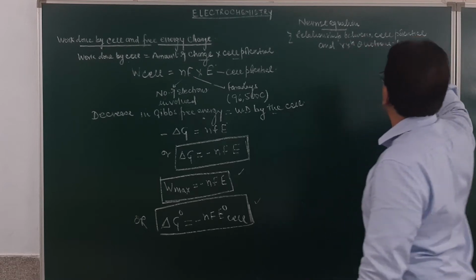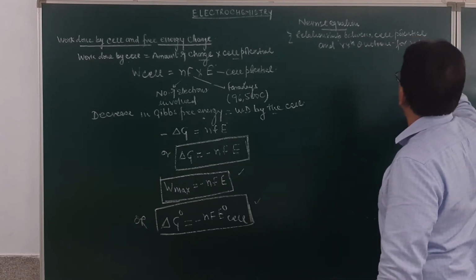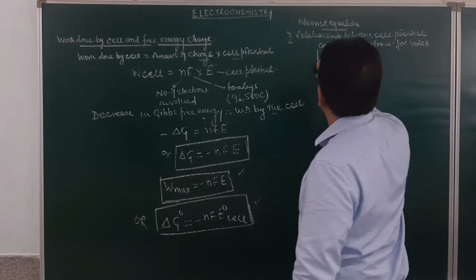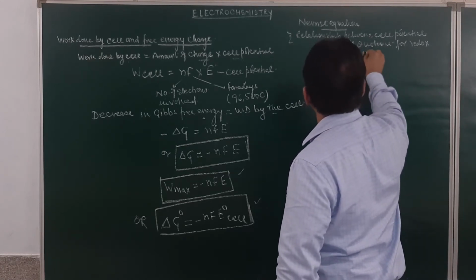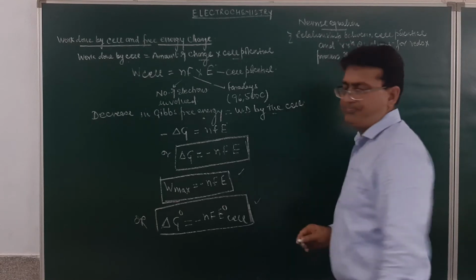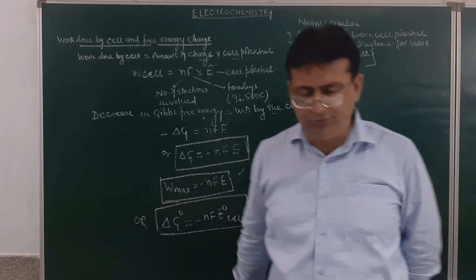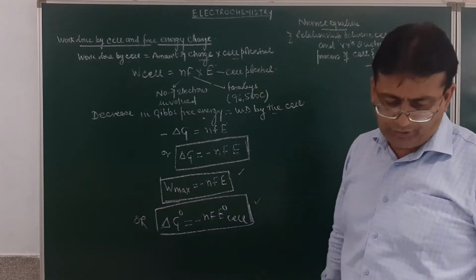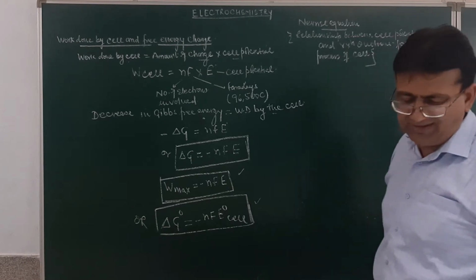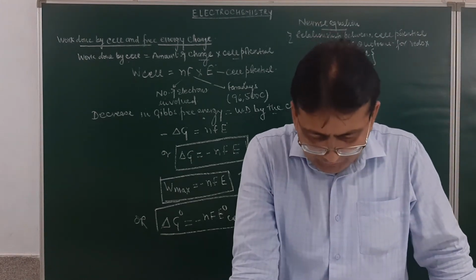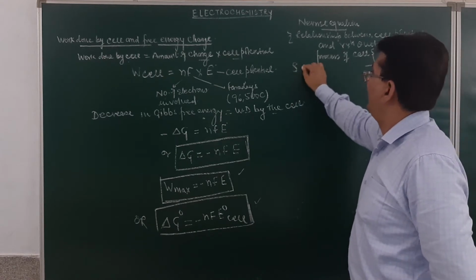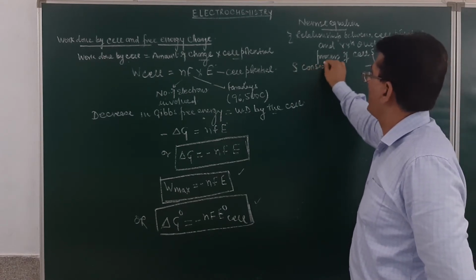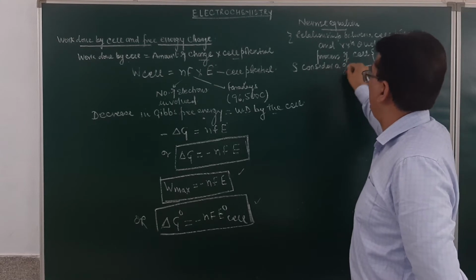Am I clear? How do we solve it is very important. Suppose we consider any reversible reaction, and the reversible reaction is M1A. Consider a general reaction.